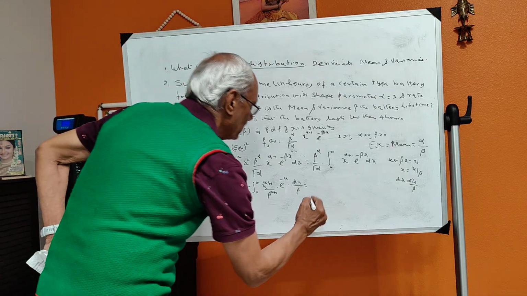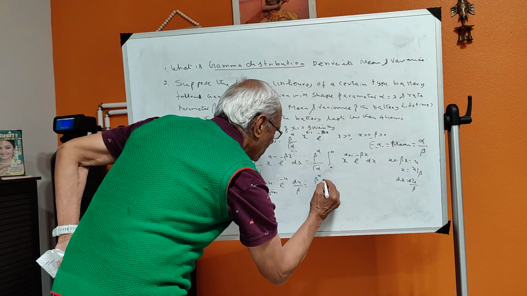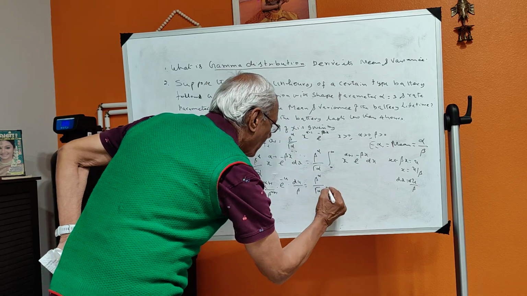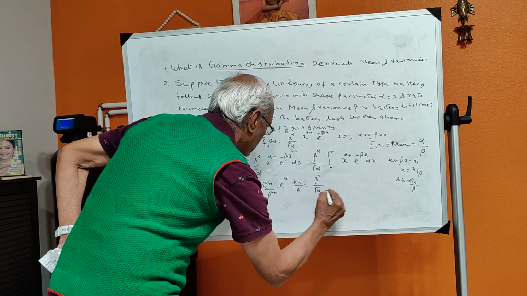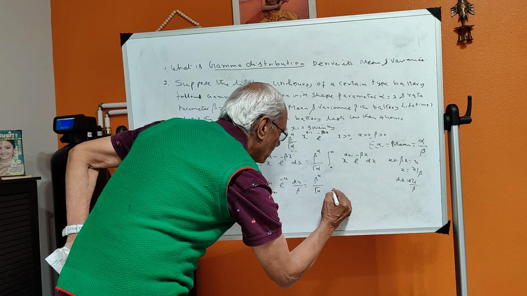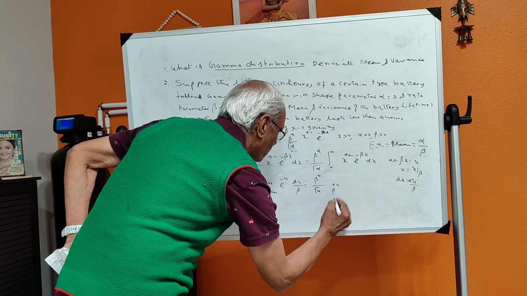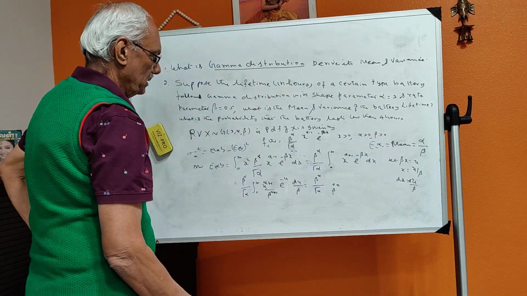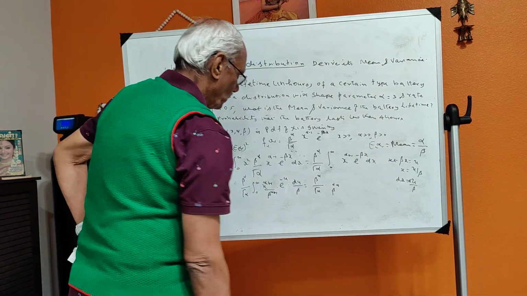So this is nothing but beta to the power of alpha by gamma of alpha, take this outside, so you get beta to the power of alpha plus 1.